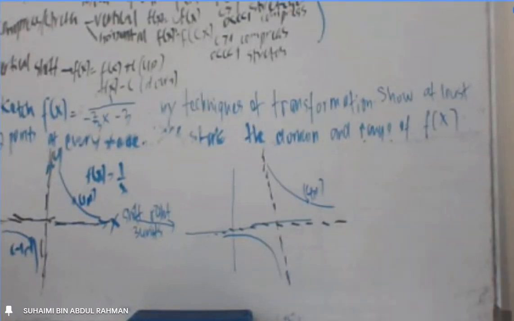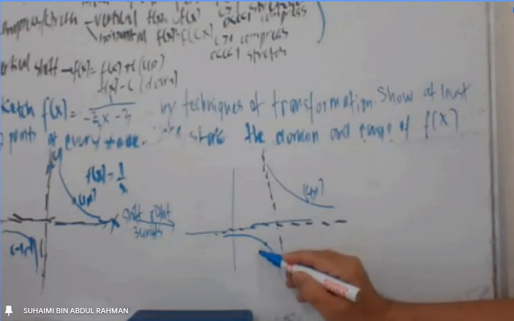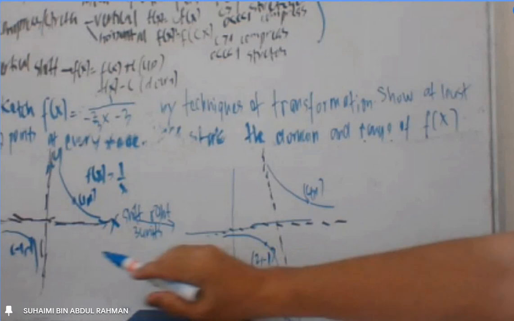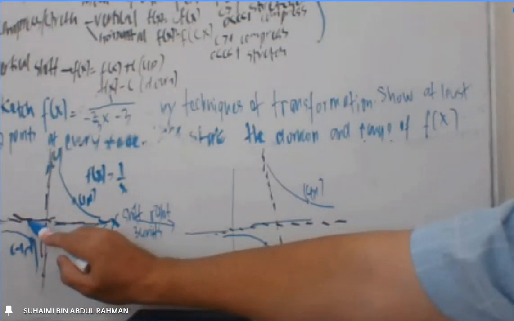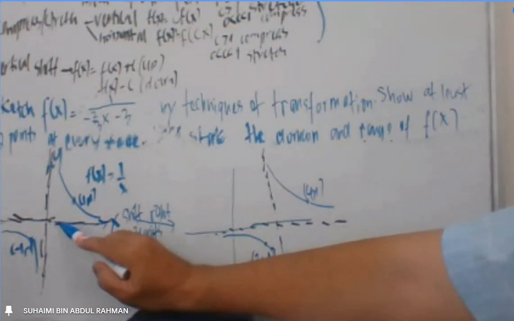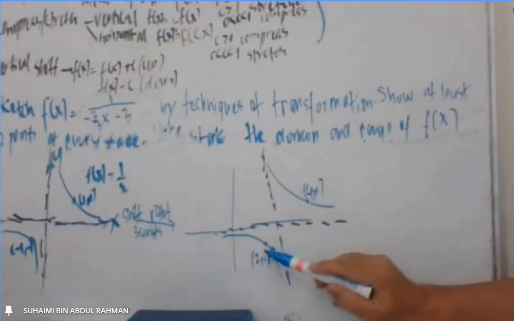And point minus 1, minus 1 will go to the point 2, minus 1, because we shift 3 units. Start from the original minus 1 and then 0, 1, 2.